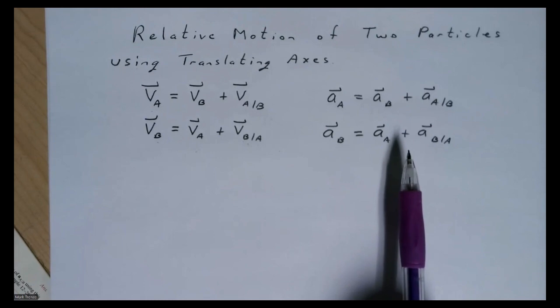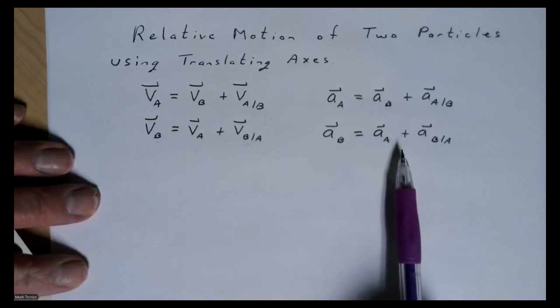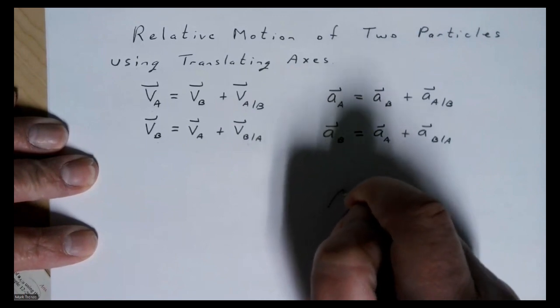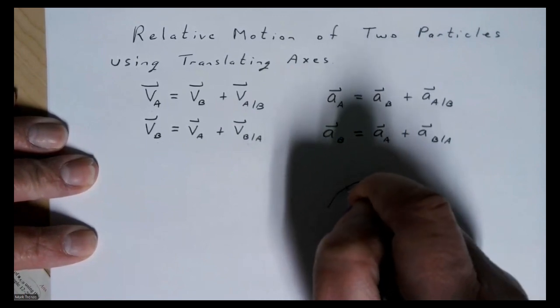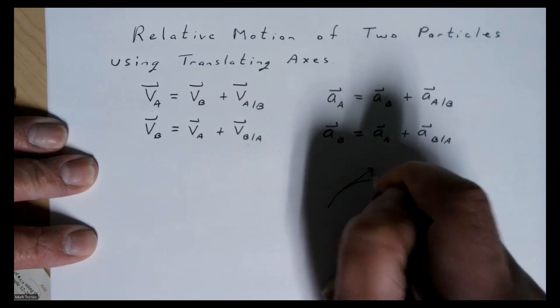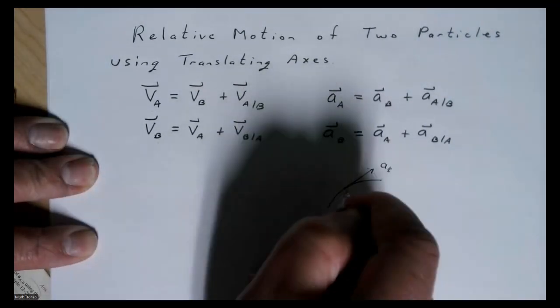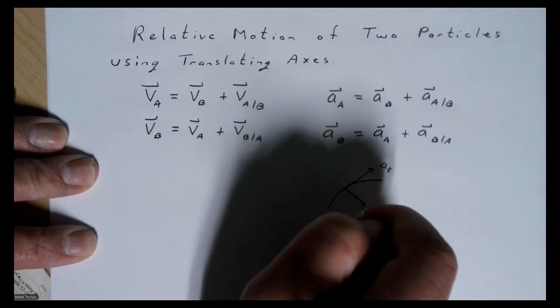The only thing we have to remember is if we're going around a curve of any kind, for the acceleration, we're going to have a tangential component and a normal component.